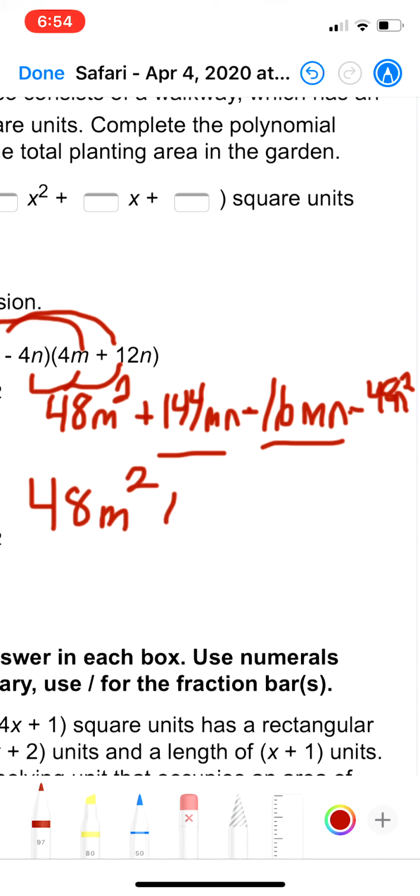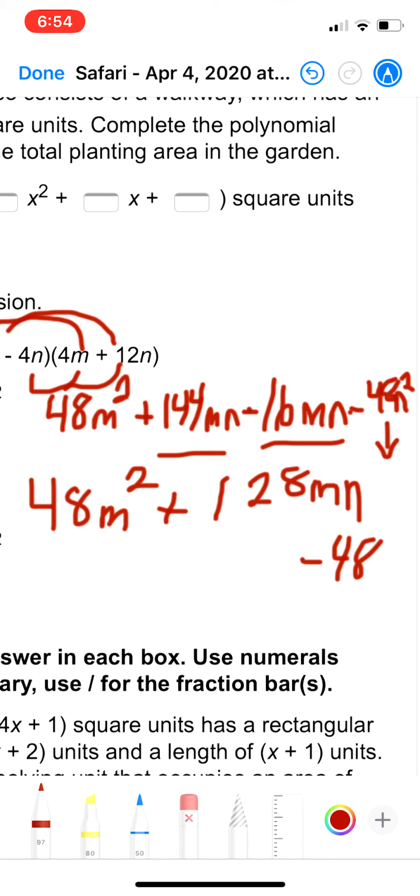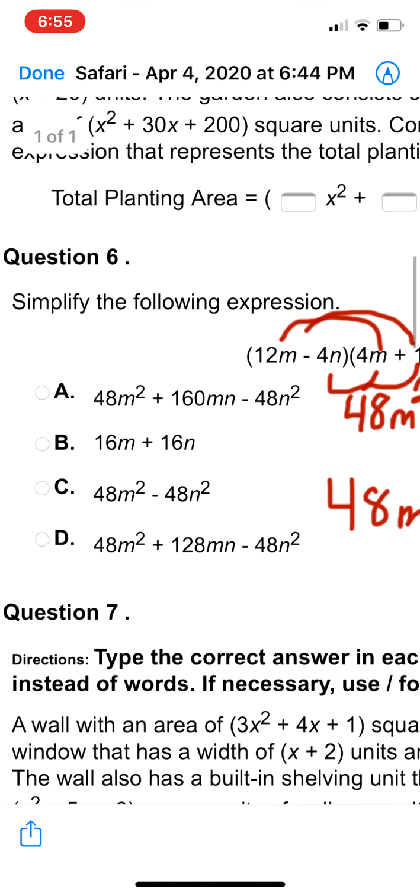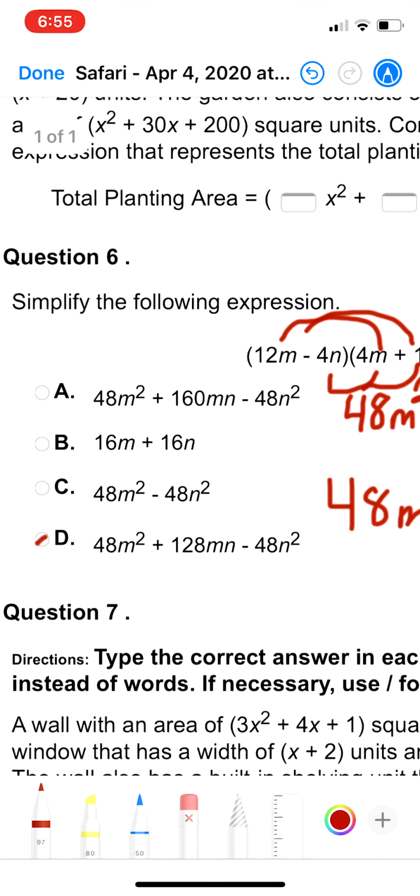You have 144 minus 16, which will give me 128mn minus 48n squared. I'm going to write that down here because I don't have enough room. I'm sorry. Okay, and we can find our answer right over here as D.